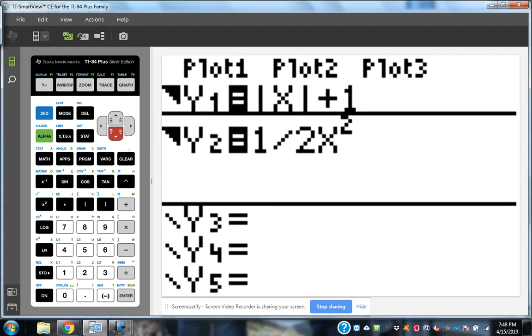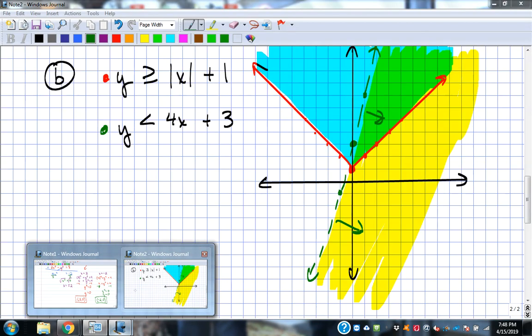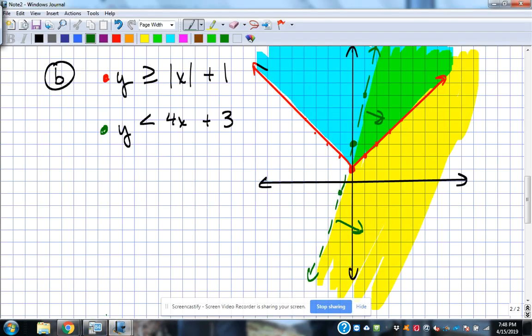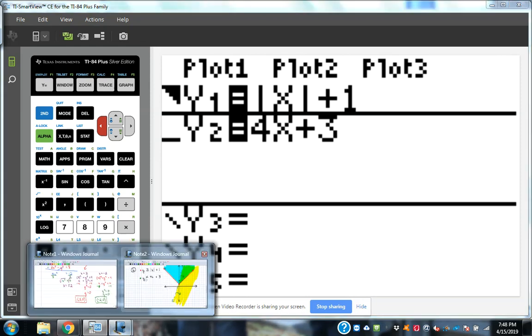The second equation is going to be, what was it? 4x plus 3. Okay. So I'm going to type in 4x plus 3. And then I'm going to go over there and I'm going to shade below that one because it's a less than symbol. Y is less than 4x plus 3.